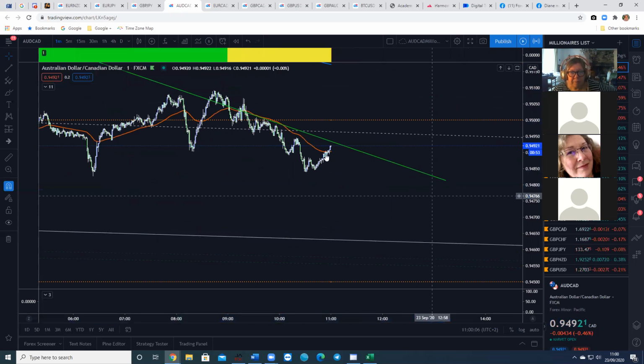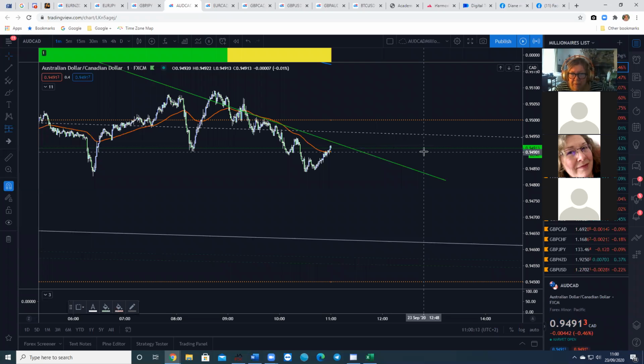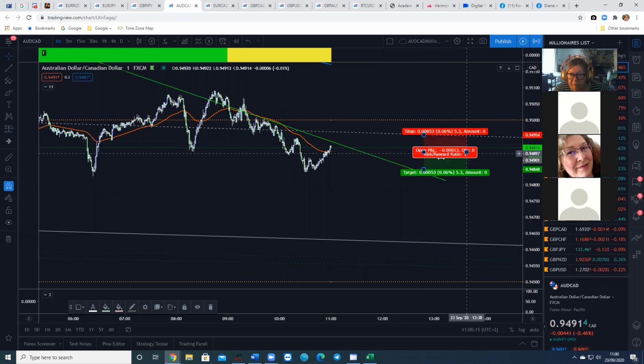Don't get in while it's above the 62, because that's pushing it up, and it could decide it's not going to do what we want it to do.